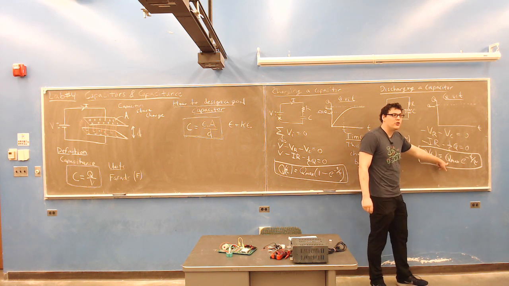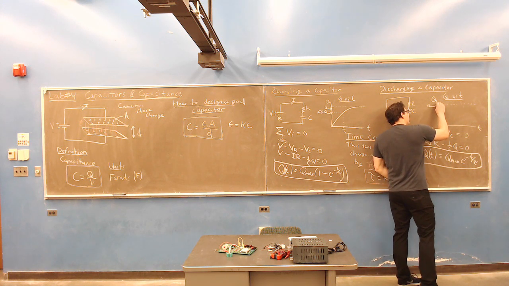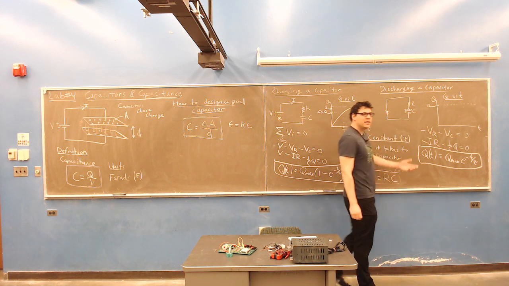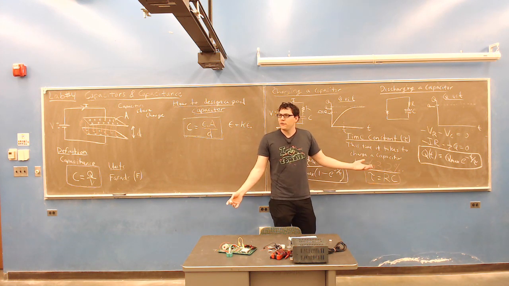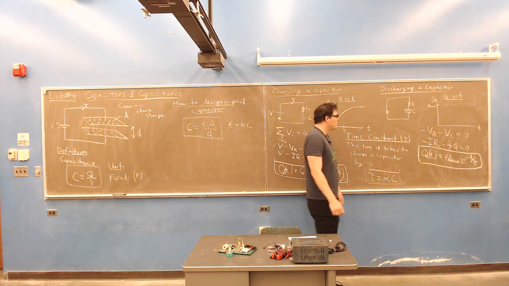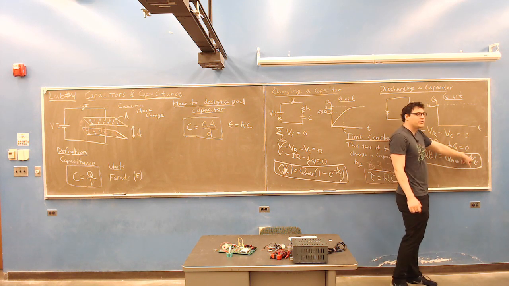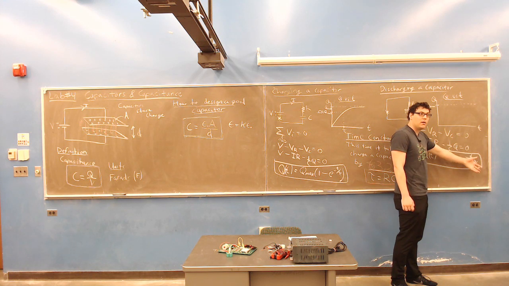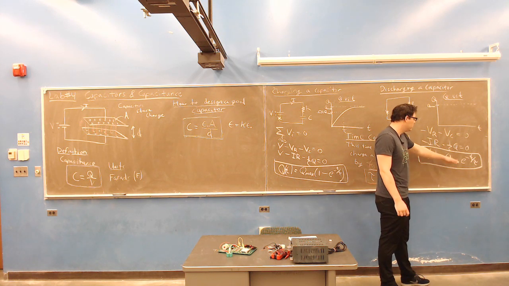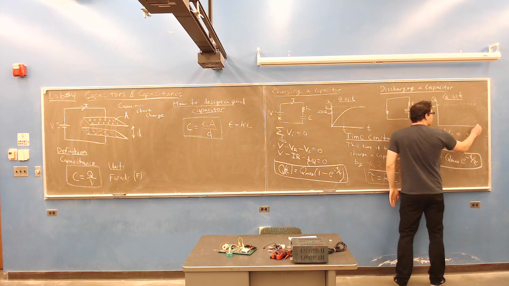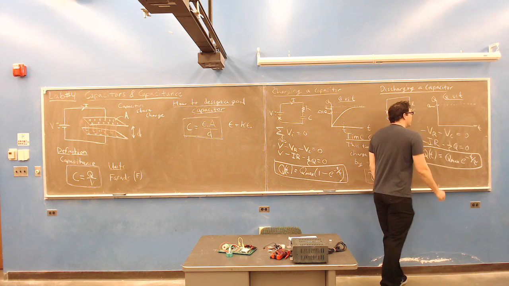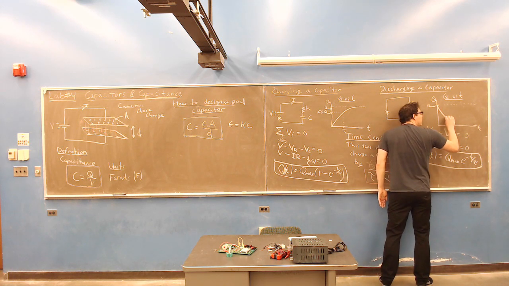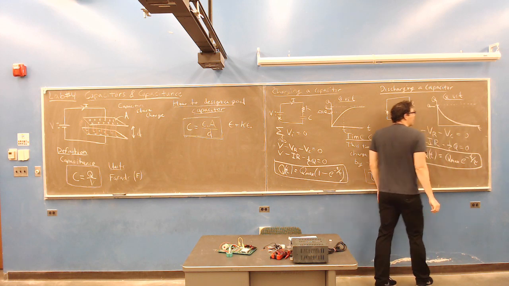And so we start out at Q max. So we're starting up here, which makes sense because we're discharging a capacitor. It starts out fully charged. What happens as t gets really large? We get e to the minus a really large number, which is very small. And so times Q max is something very small. So at large times, we're down here. And it does something like exponential decay. Looks like that.